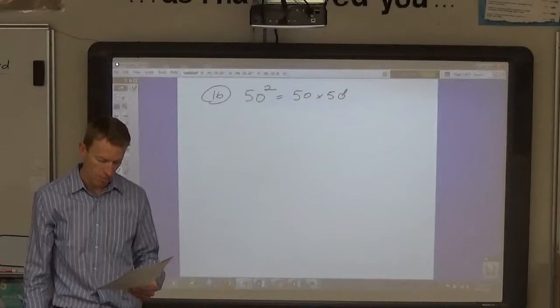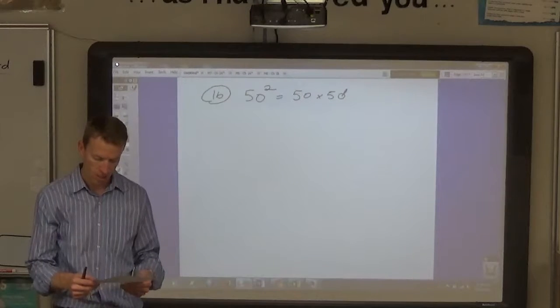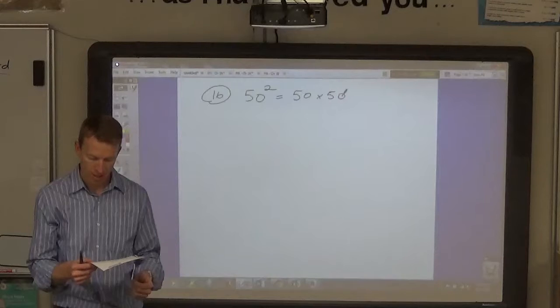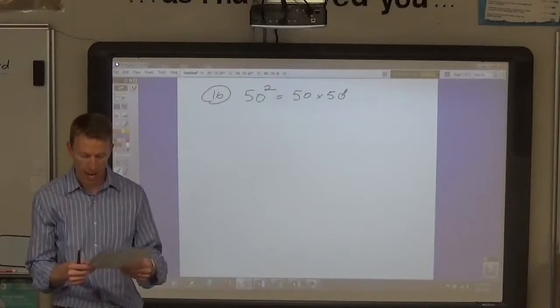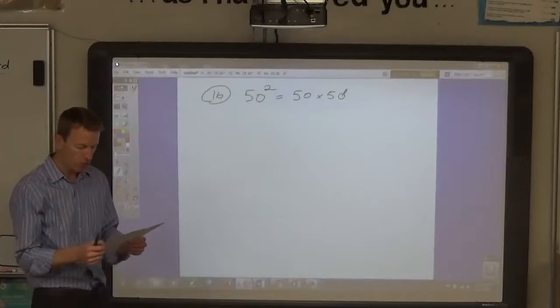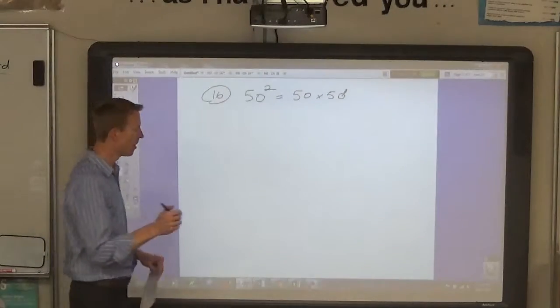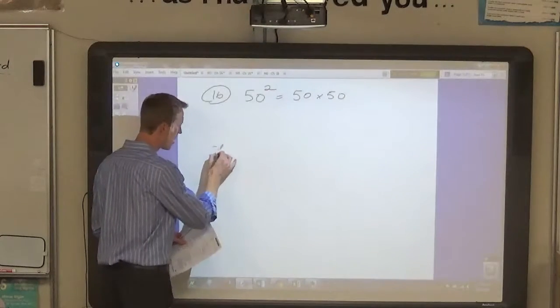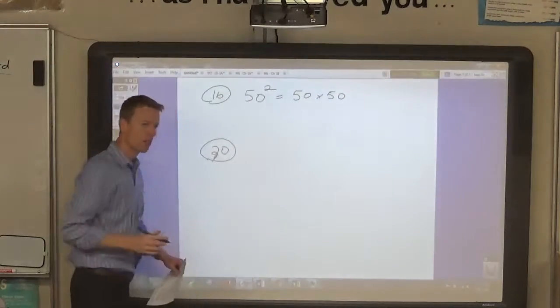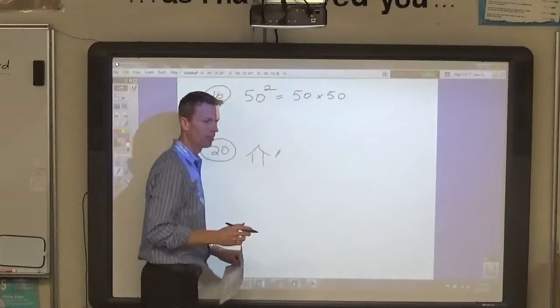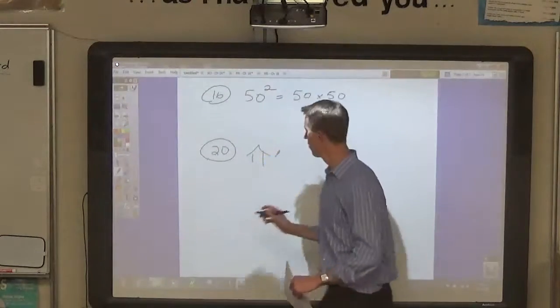20 is problem solving. Mrs. Cornwall lives 48 miles from where she works. She drives to and from work each day for 21 days in a month. Now, the key here is when you're drawing this out, draw a model of her house. You could draw a model of her work.